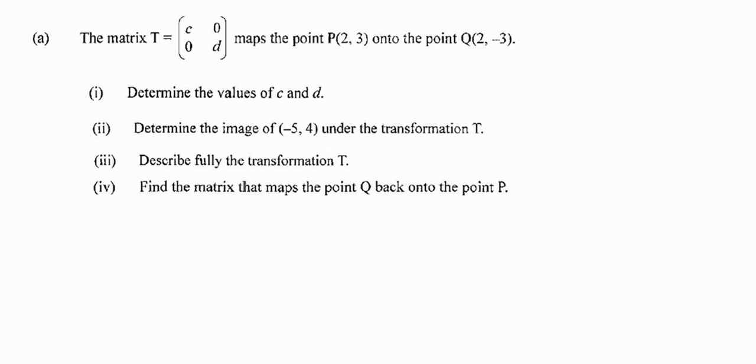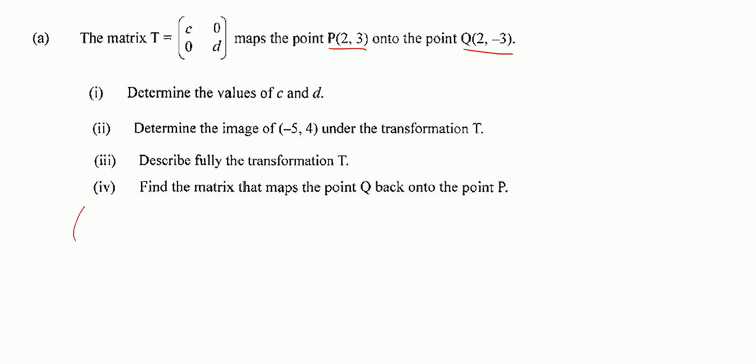Whenever you're given a transformation matrix and you're given a point, P, and the image, Q, if we are using the matrix method, we have to write the matrix first.